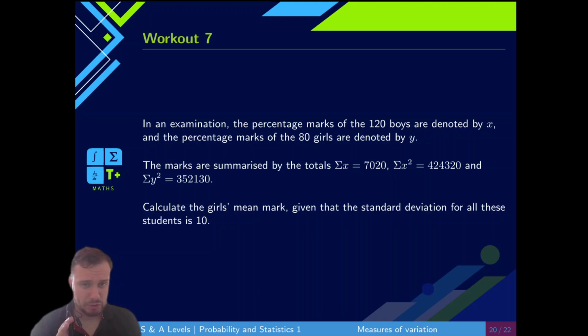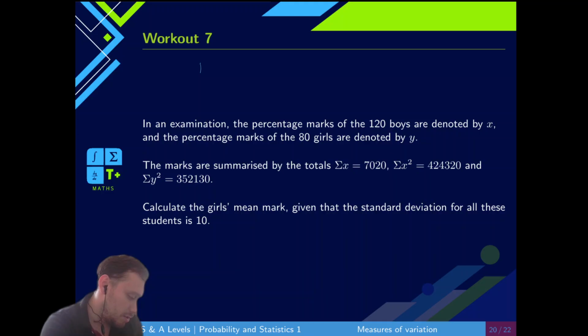It's a very interesting example. It's quite concrete, so we'll try to go over it with no rush. In an examination, we have 120 boys. So I'm going to start writing things down. The amount of boys, that is x, n of x, is equal to 120.